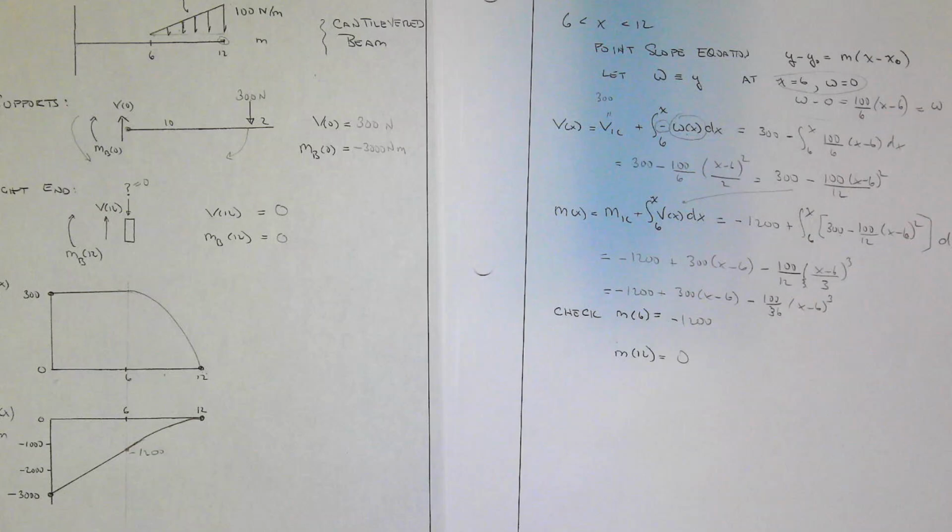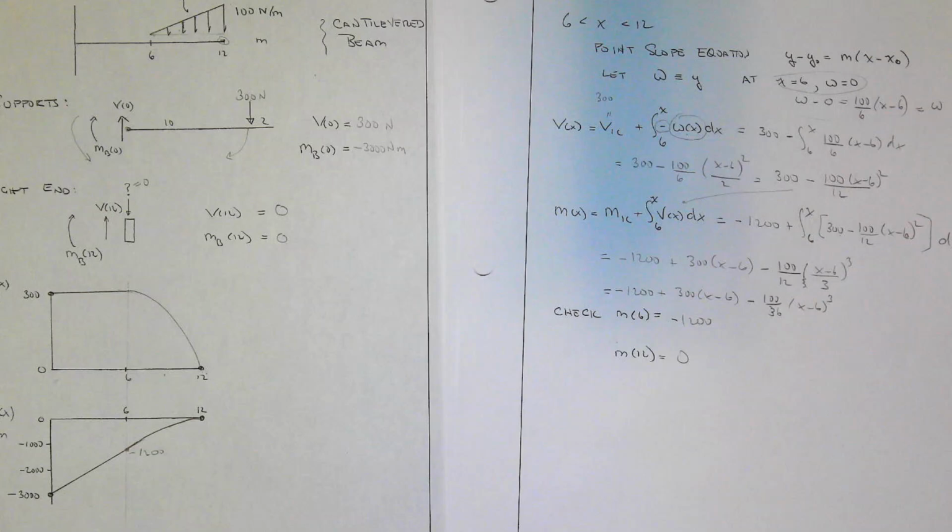Well, that's just itself, minus 1200 plus 300 x minus 6 minus 100 on 12 x minus 6 cubed, take that out, all over 3. So we're left with minus 1200 plus 300 x minus 6 minus 100 on 36 x minus 6 cubed.